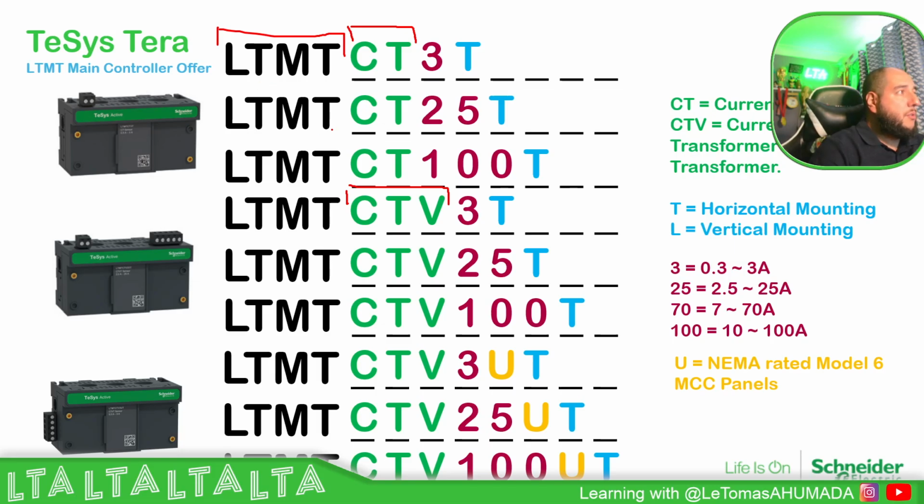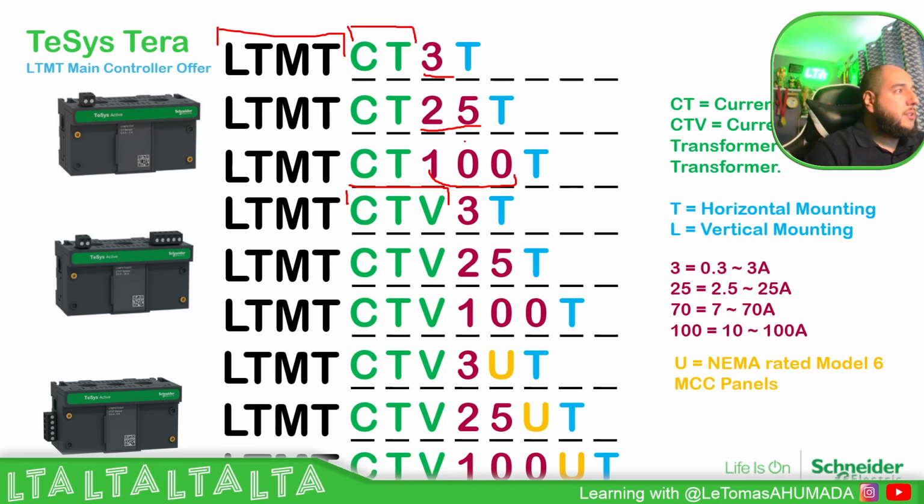Then it will depend on the range of the load. For the horizontal, we have basically three main ranges: from 0.3 to 3 amps, from 2.5 to 25 amps, and from 10 to 100 amps. So it's the range that we have on this one.